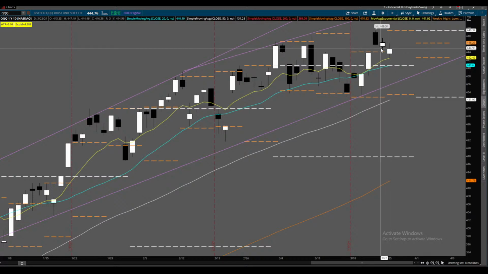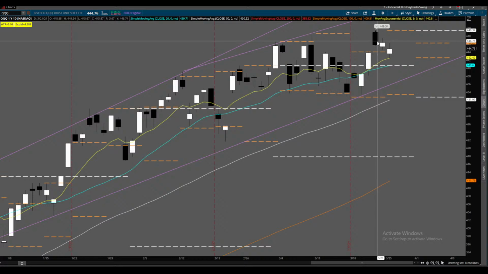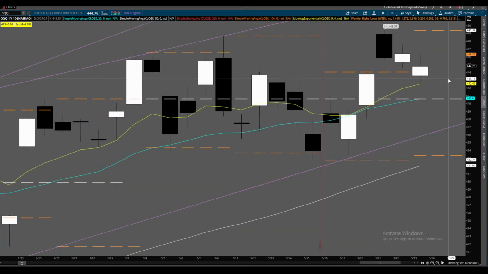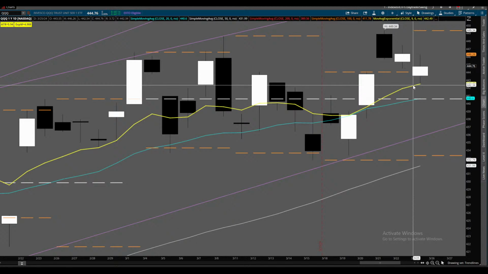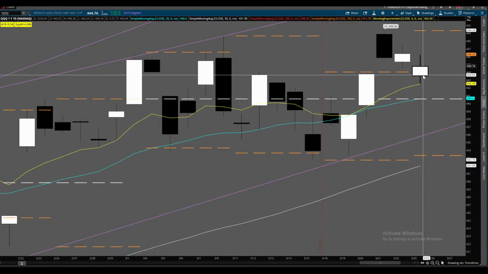But the Nasdaq opened and then closed higher, even though the overall was down. All right, you can see yesterday we pulled right down to the 9-day EMA on the daily, right there. Boop, got bought up.